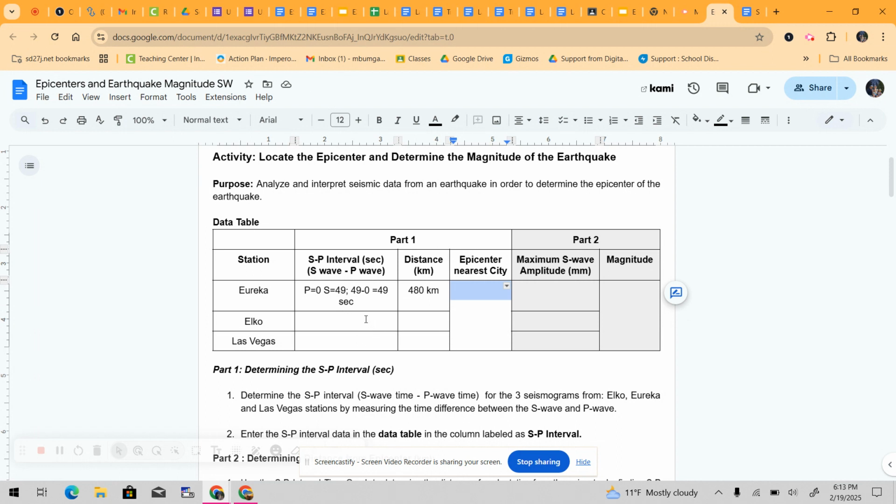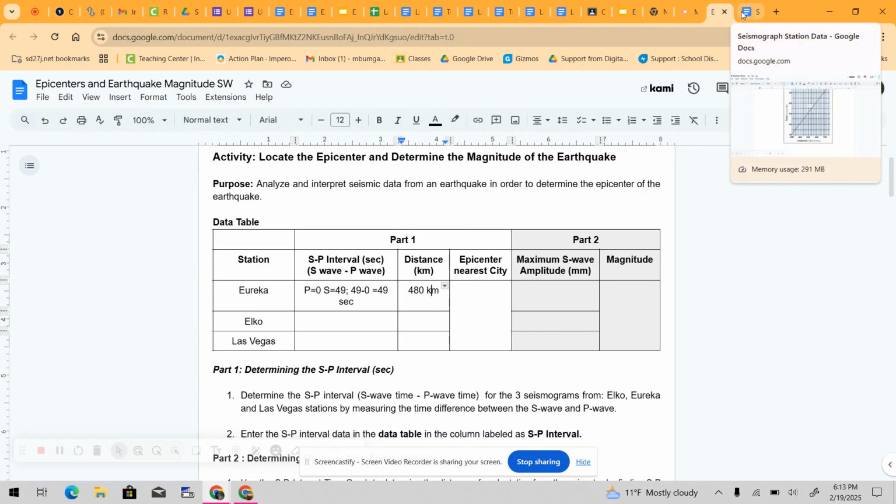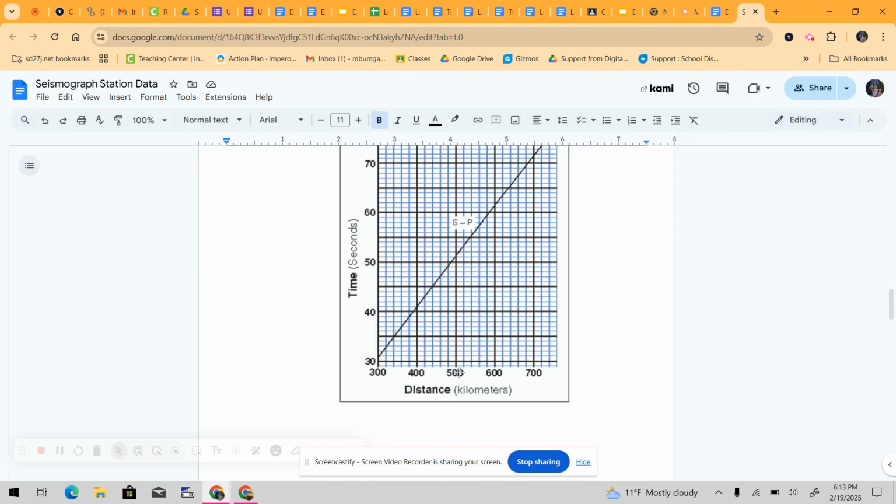So your next job is going to be to find the SP interval for Elko and the SP interval for Las Vegas, and then both of their distances from the epicenter. Once I have this information, I can begin plotting it on a map.